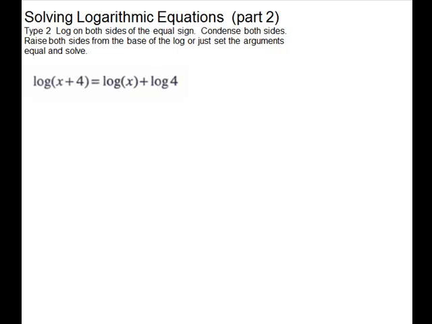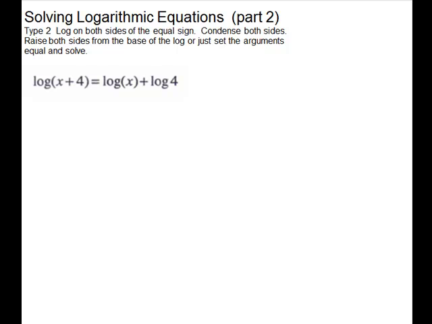One train of thought says raise both sides from the base of the log, and another train of thought just says set the arguments equal and solve. So I'm going to just show you both, and then after this we will go with the second way. So on this problem we need to condense the log on the right hand side.